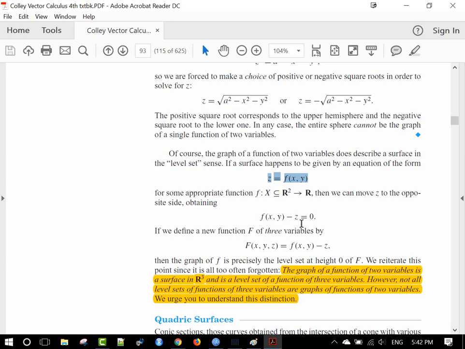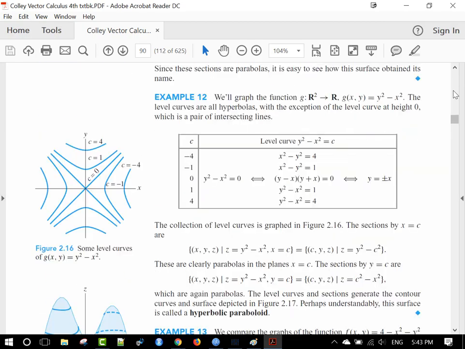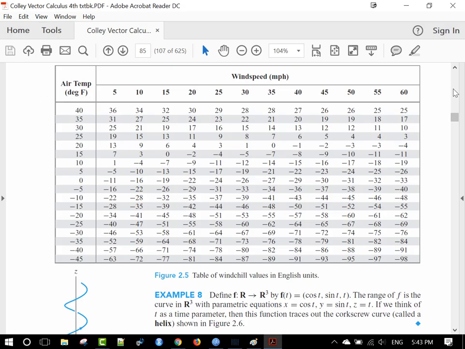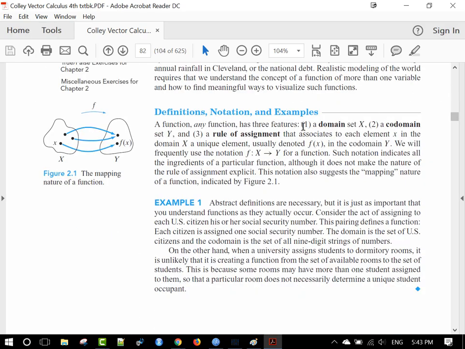But I'm not quite sure of her emphasis about the fact that whether it's a function or not. Right? Remember, by the word function, we mean that, going all the way back to the beginning of this section, you don't have like this x here going to two things here.